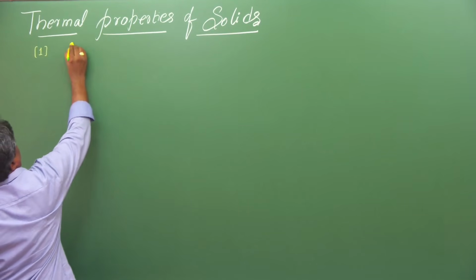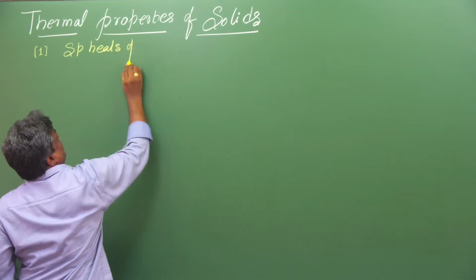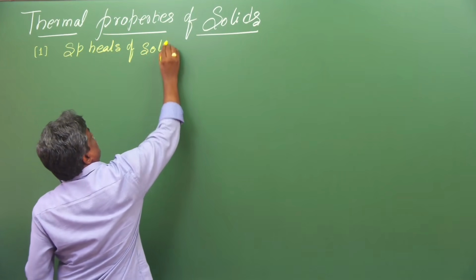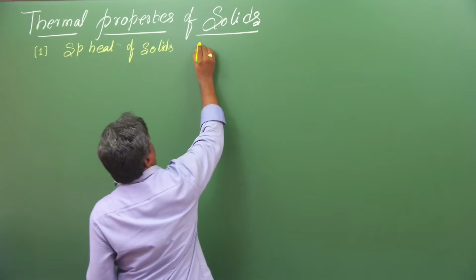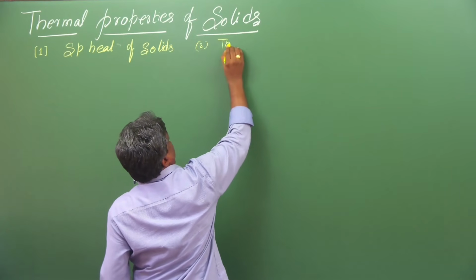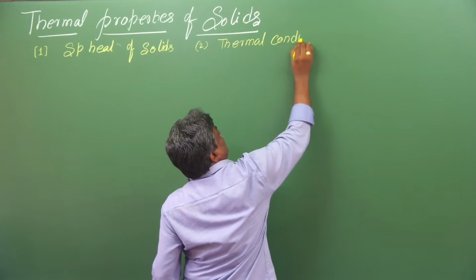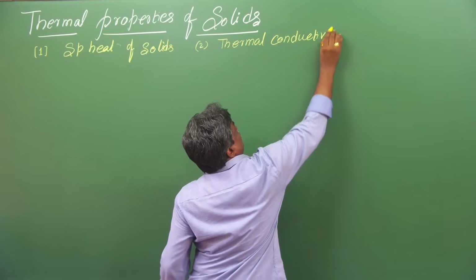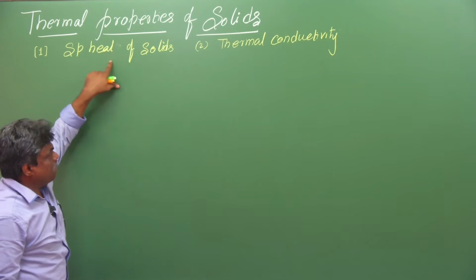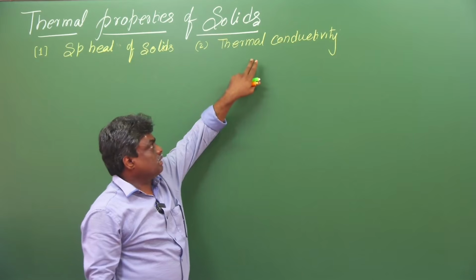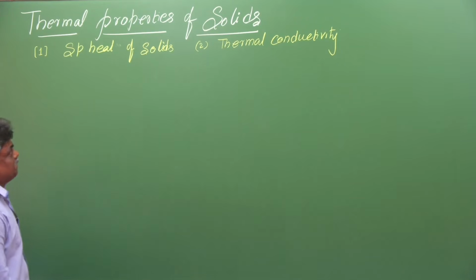The first one is specific heats of solids, and the second one is thermal conductivity. Here we will discuss the Einstein model and the Debye model. For thermal conductivity we will discuss the Drude model and the Lorentz-Drude model.